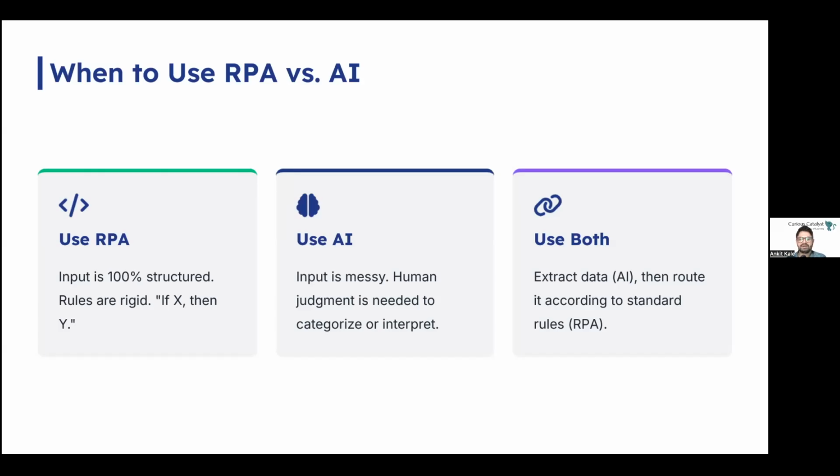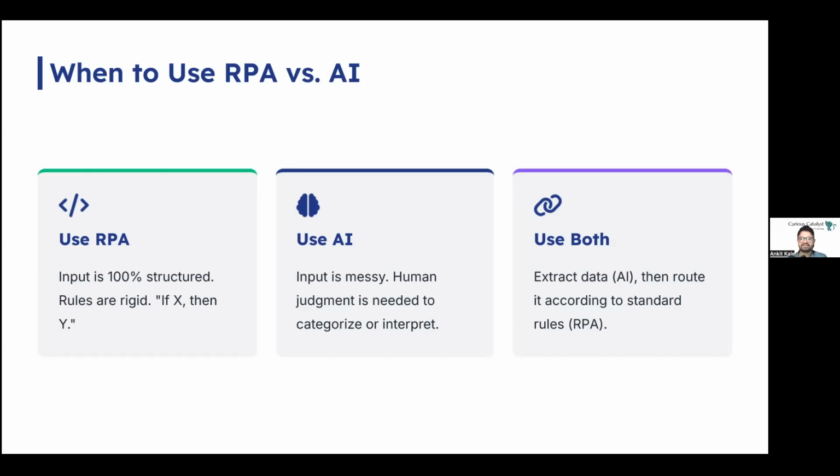The third example could be extract the line items from an invoice and then check if the amounts are reasonable versus the historical pattern. Over here, for extraction, we can use RPA because this is structured data. Then for reasonableness, you have to check with AI, that is, if there are any patterns.